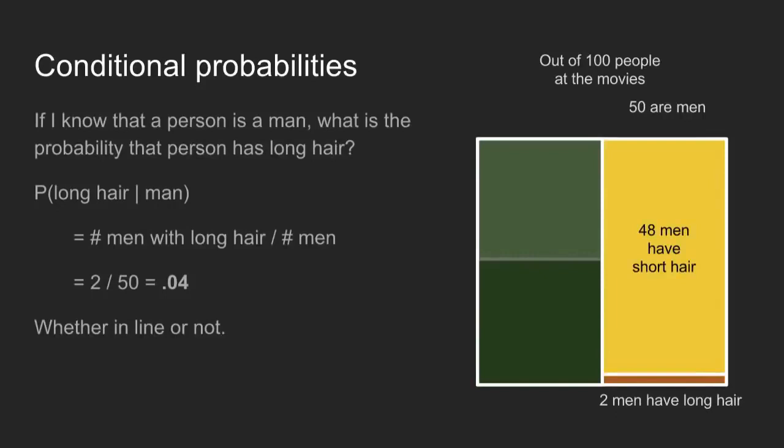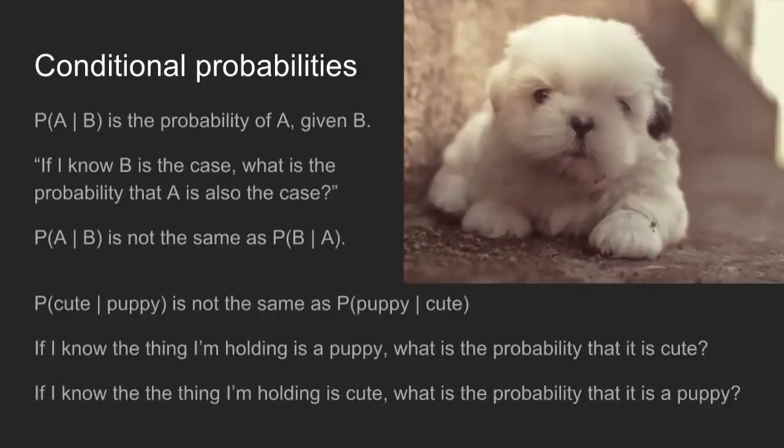We can do the same thing with men. Probability that someone has long hair given that they're a man is 4%. So conditional probabilities: if I know that B is the case, what's the probability that A is also the case? You can't reverse B and A and have this be true. So for instance, if I know that the thing I'm holding is a puppy, what's the probability that it's cute?